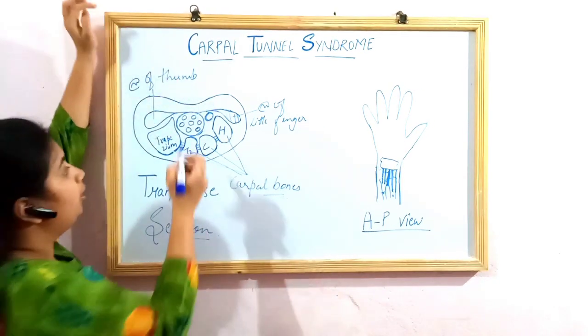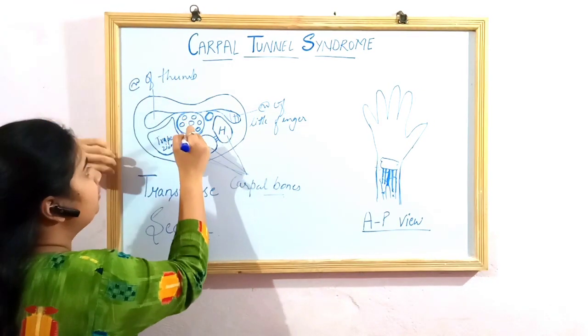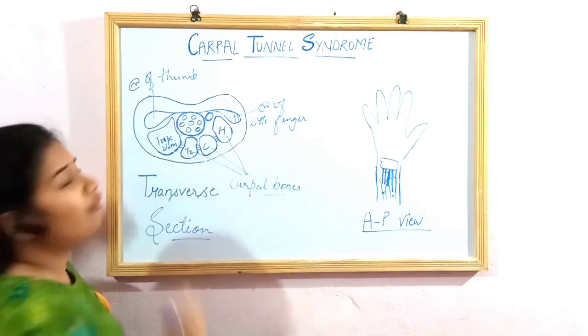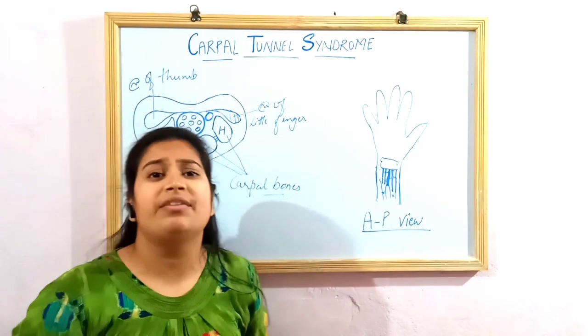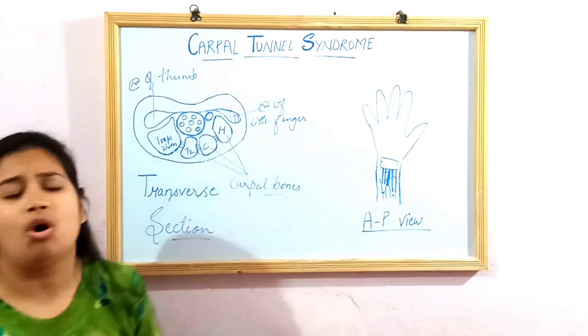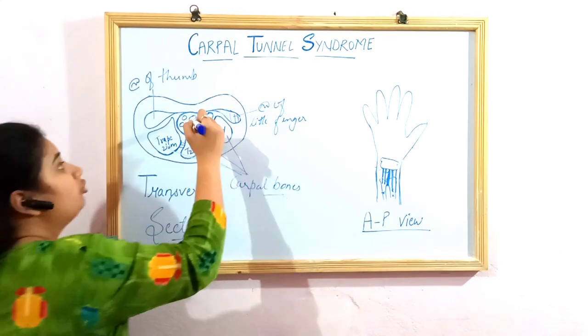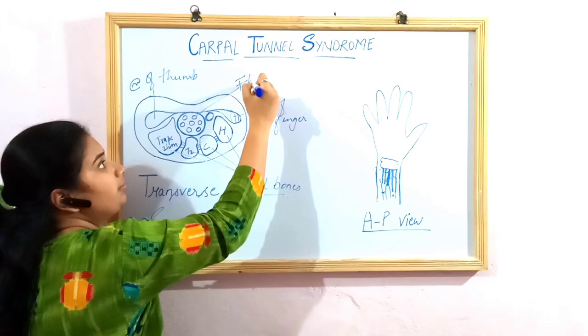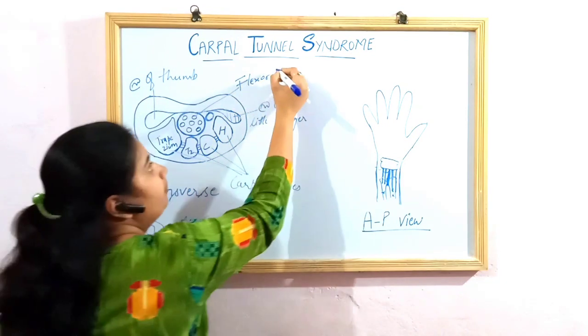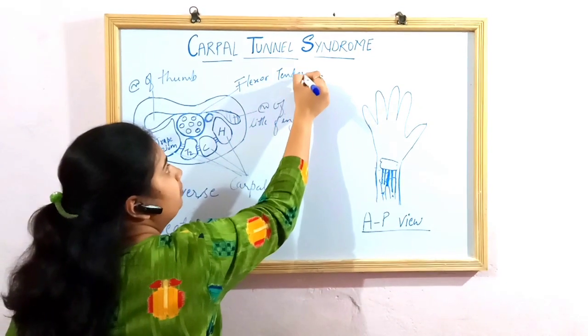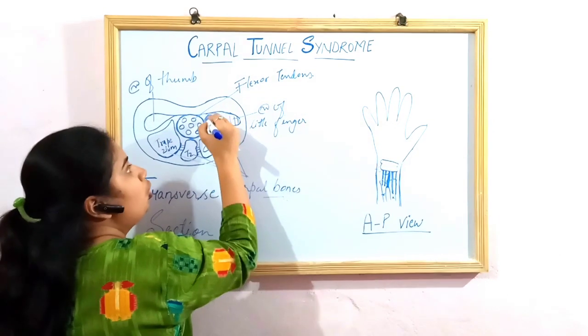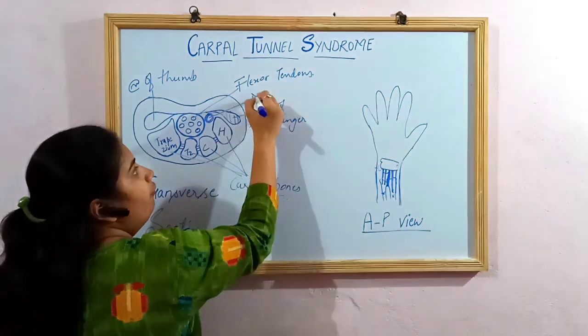Now this circle you are seeing contains various flexor tendons. I am not going deep into the flexor tendons, but it contains all of your flexor tendons of the palm and the fingers. And this is your median nerve, of which we are talking.